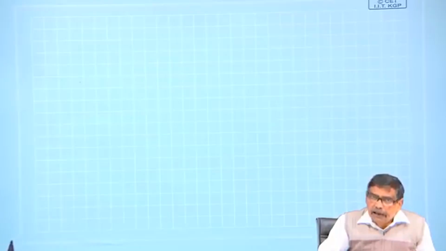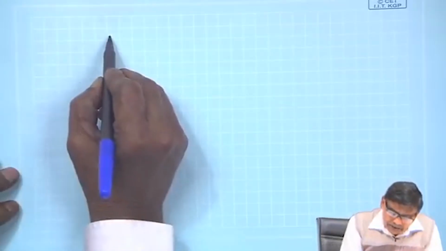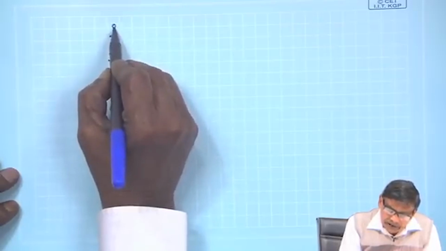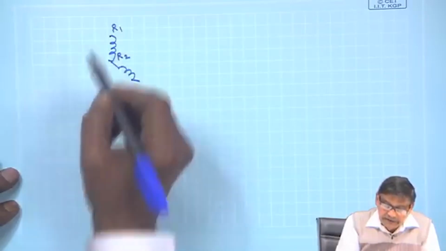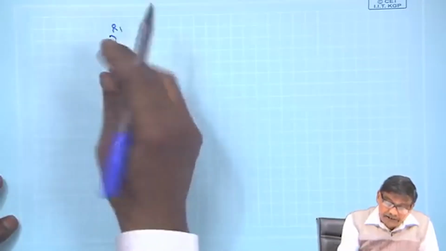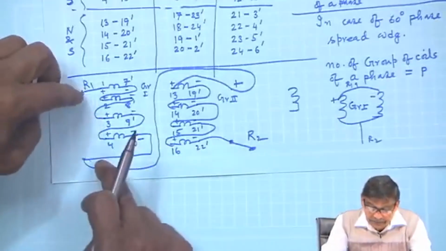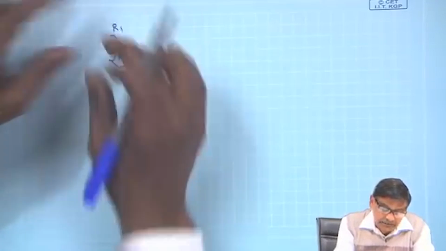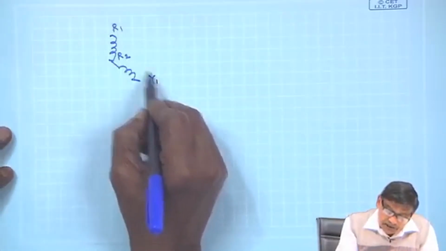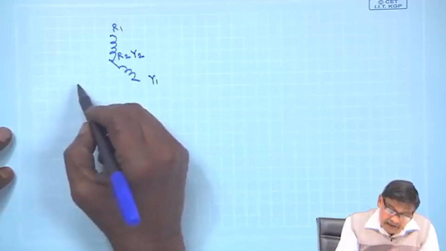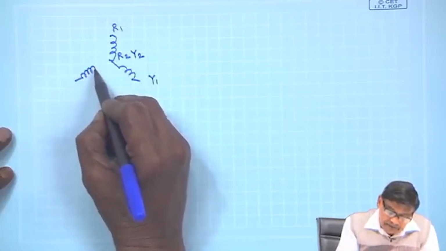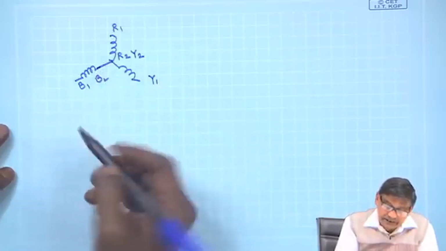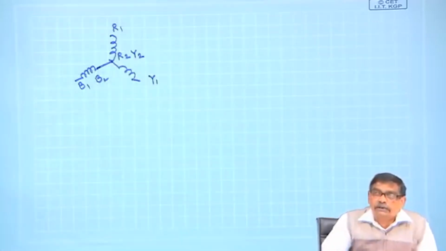If the winding is balanced, externally I will show it like this. Suppose R1 R2 are the 2 terminals of the R phase, which are available to me after group connection inside the machine. Similarly, Y1 Y2 is Y phase and B1 B2. This is how I will represent the coil, and suppose they are connected in star, R2 Y2 B2 are short circuited.